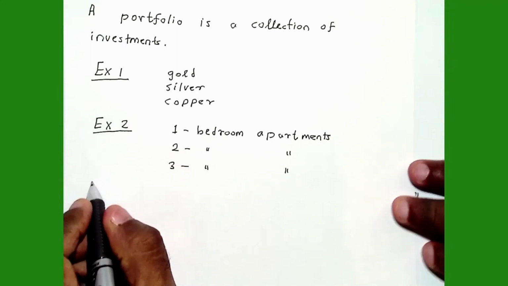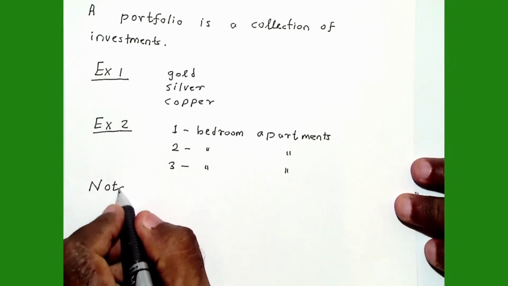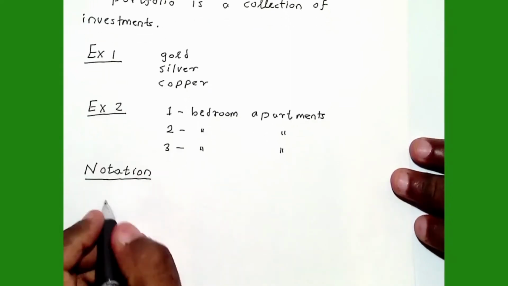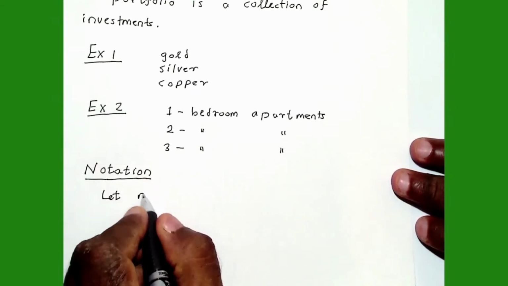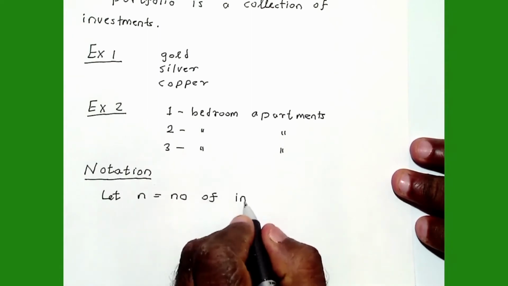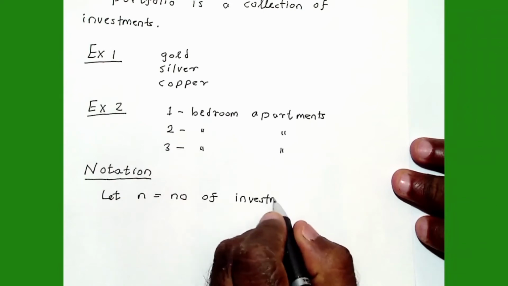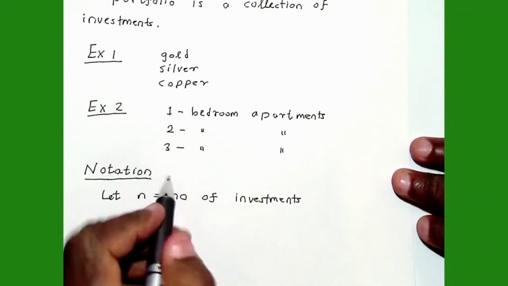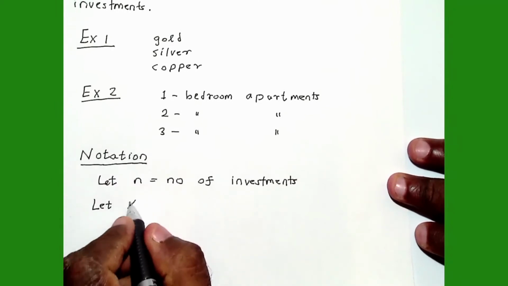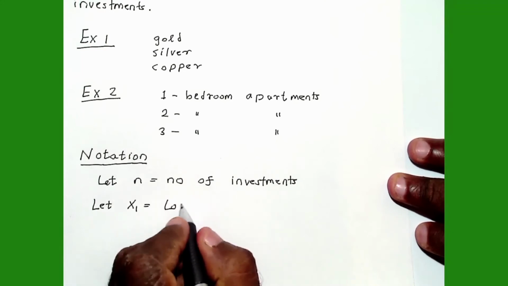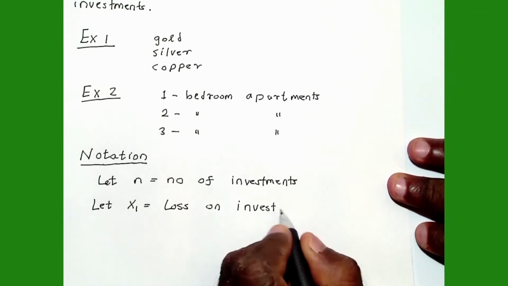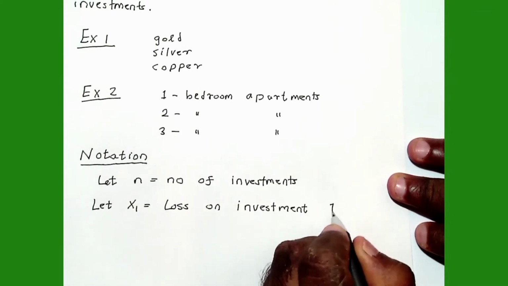Now let me introduce some notation. Let N denote the number of investments. So in these two examples, N is equal to 3. And let X1 denote the loss on investment 1.